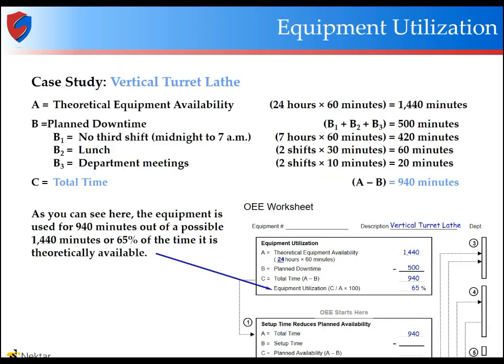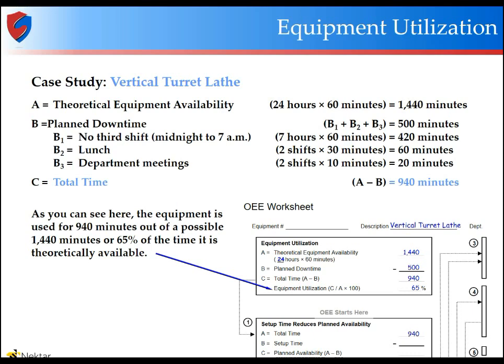Okay, let's look at that vertical turret lathe. It's important to remember that it was only scheduled for 940 minutes. The reason I point that out is through the course of a 24-hour period, if we look at it in terms of minutes, we could have ran it 1,440 minutes. That's what's available. Knowing that it was scheduled for 940 minutes tells us our equipment utilization.